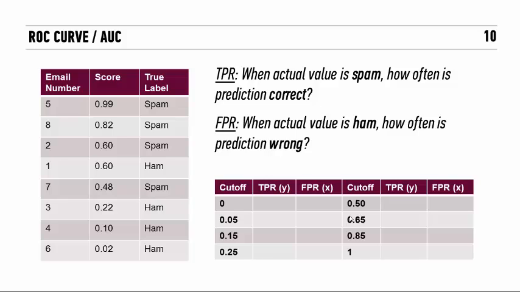What you would probably do is, based on the context of your problem, choose what threshold value you're looking at, because depending on the problem, the true positive rate and false positive rate are not equally important.